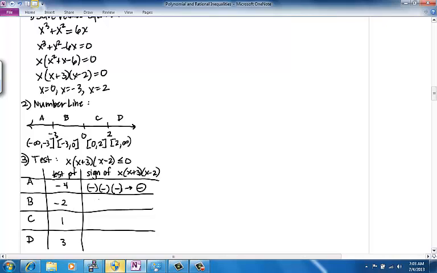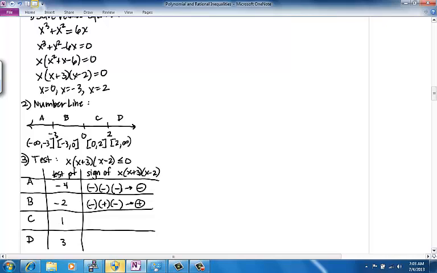And if x is -2 or any other value in interval B, x itself is negative, but now x plus 3 is positive, and x minus 2 would be negative. So we've got a negative factor times a positive factor times a negative factor, which means a positive overall because we have 2 negative factors only.